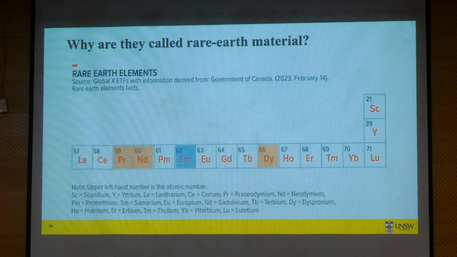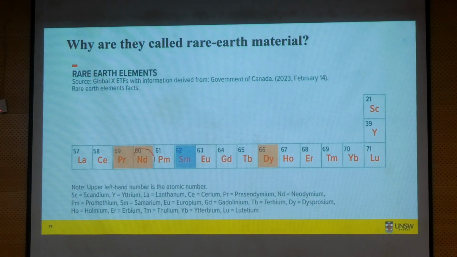Now, if we look at why it is called rare earth, we have to recall the periodic table. In the periodic table, among the heavy materials, you will find neodymium is one of those materials.